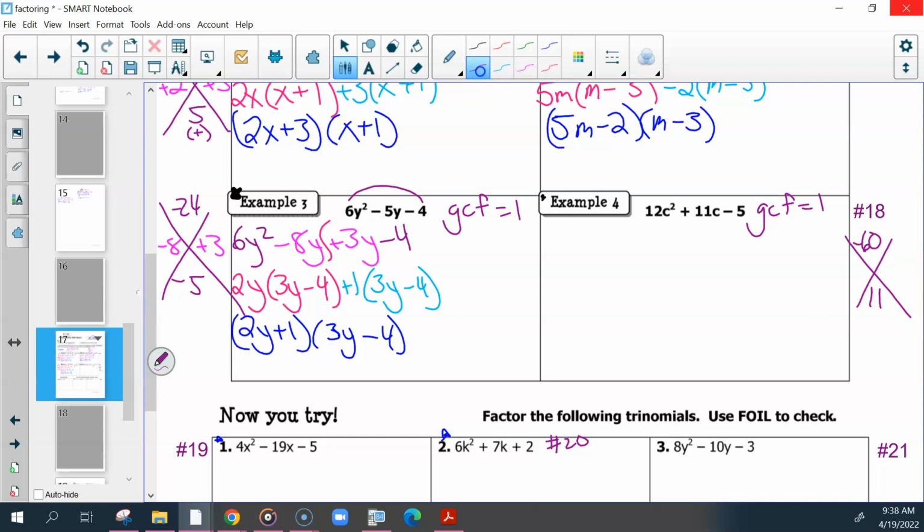It's 15 and 4, but what do we have to make negative? Negative 4, positive 15. So 12c squared minus 4c plus 15c minus 5.